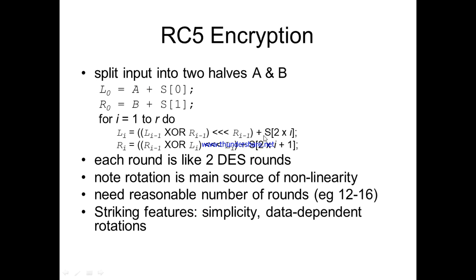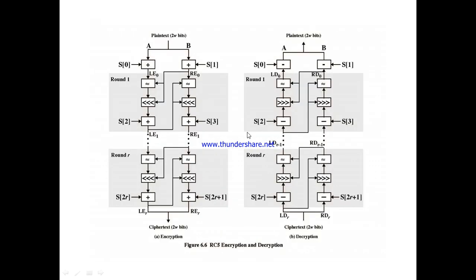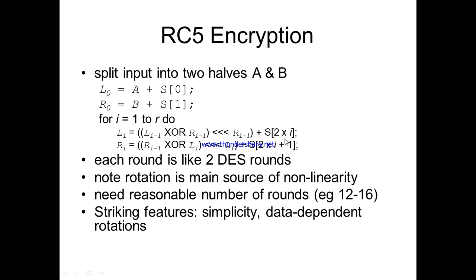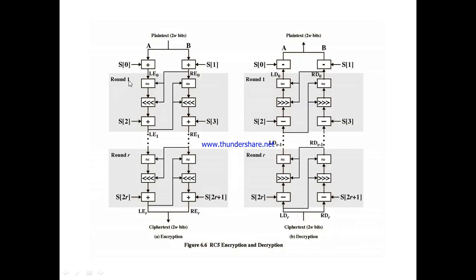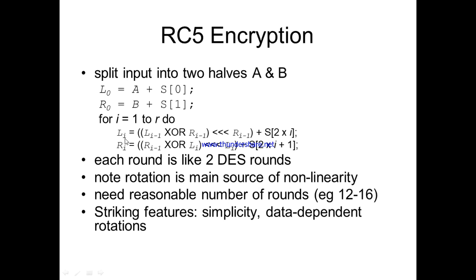And then we are performing addition with S2. Here you can see 2 into i, where the current round is 1, so S2. So this is for Li, the left half.